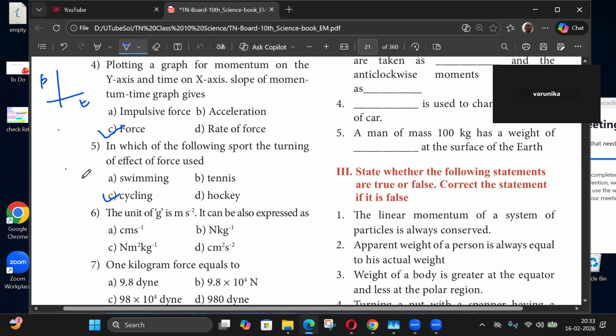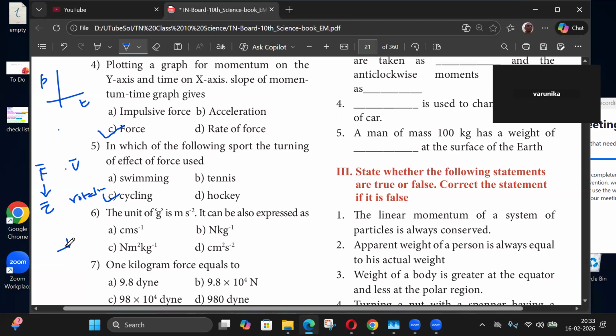See, force will produce motion, say velocity. Similarly, I will say torque will produce rotation. And from force, I can get torque. This is the pedal, right?